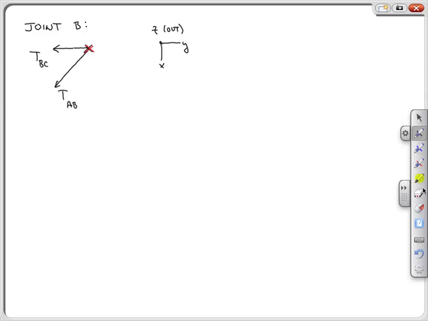So we'll make a note here that these represent the tails of TBE, and the 6 kip load.